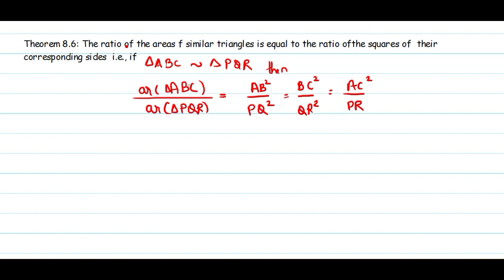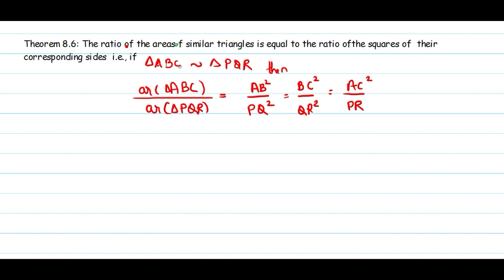Here, this is also an interesting theorem: the ratio of the areas of similar triangles, I repeat, the ratio of the areas of similar triangles is equal to the ratio of the squares of their corresponding sides.